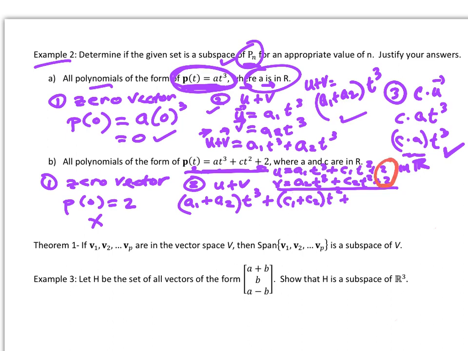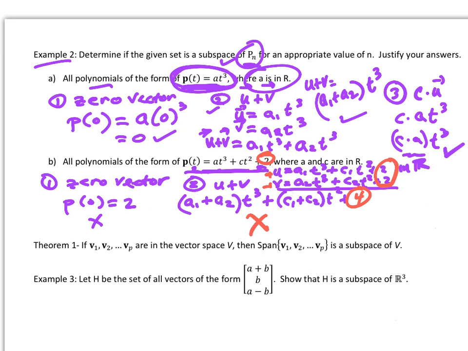Well, I got a u, I got a v, 2 plus 2, that's 4. Is this of the same form? Well, the answer would be no. And that doesn't work. So that's another test to show that this does fail.